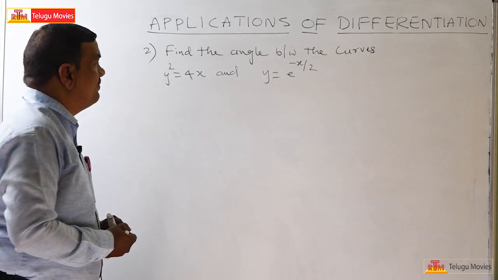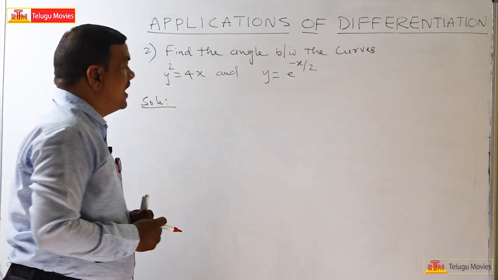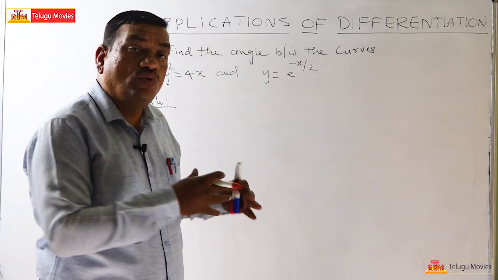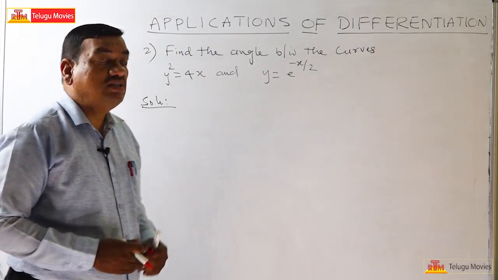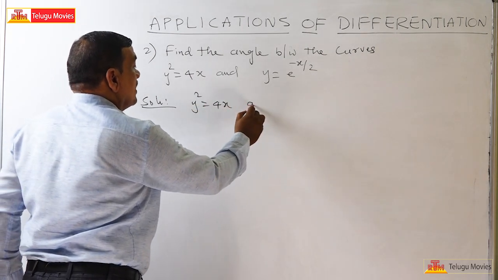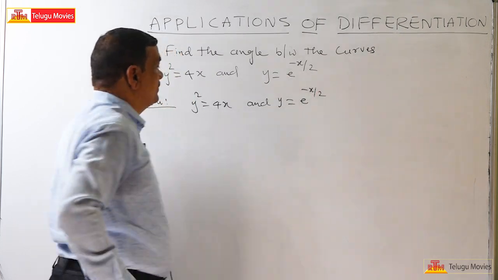Find the angle between the curves y square is equal to 4x and y is equal to e power minus x by 2. Okay. So, why I have selected this problem is, see here, y square is equal to 4x and the curve equation y is equal to e power minus x by 2.